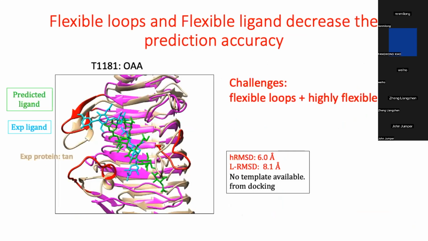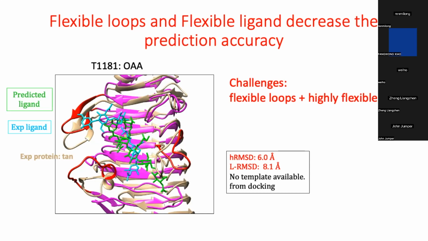And again, the flexible loops and flexible ligand would decrease the prediction accuracy. I think Dima also mentioned this, and I think we failed for the same reason. This is target 1181. No, sorry, this one is ours. You can see that the ligand overlaps in most regions.